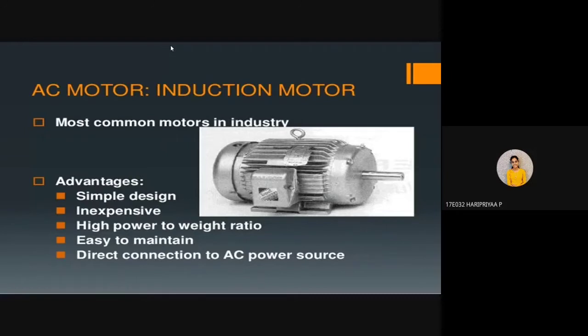An induction motor can therefore be made without electrical connections to the rotor. The induction motor is the most common motor in the industry. It has advantages like a simple design, it is inexpensive, it's easy to maintain, it has a high power to weight ratio, and direct connection to an AC power source.